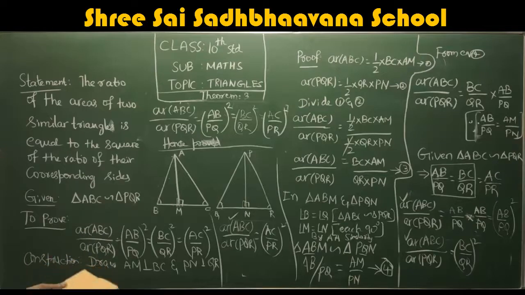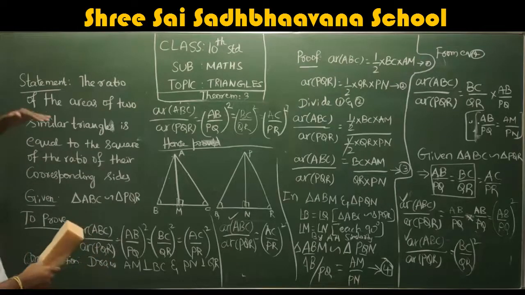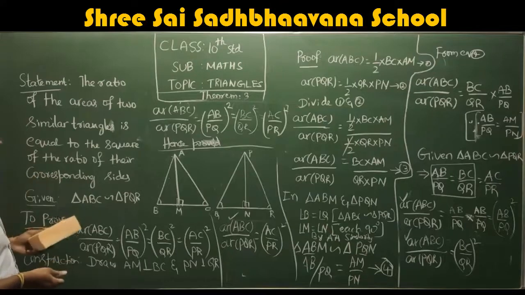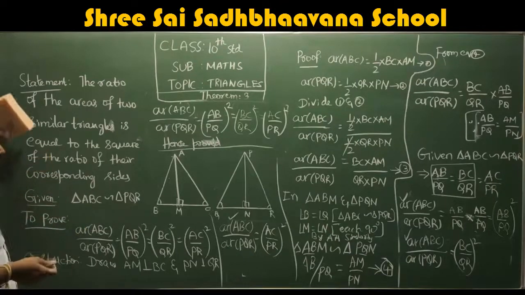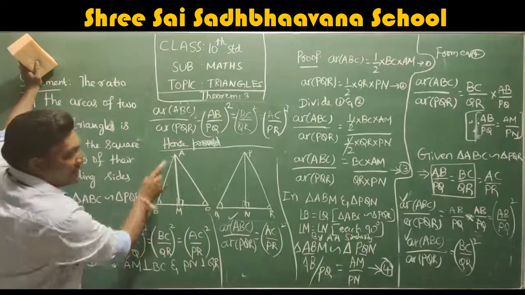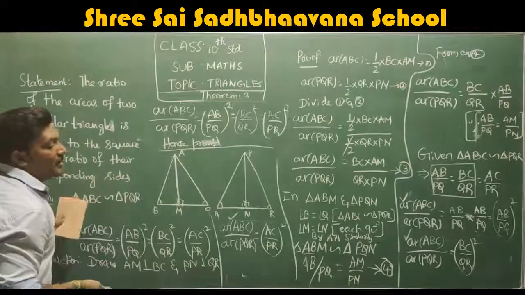Anyway, I'll explain once again. The statement of this theorem says the ratio of the areas of two similar triangles is equal to the square of their corresponding sides. Very simple thing you have to remember. We have taken two similar triangles, triangle ABC and triangle PQR.